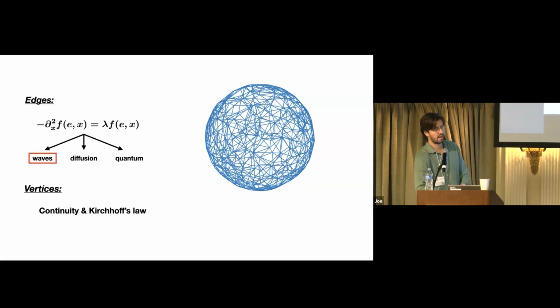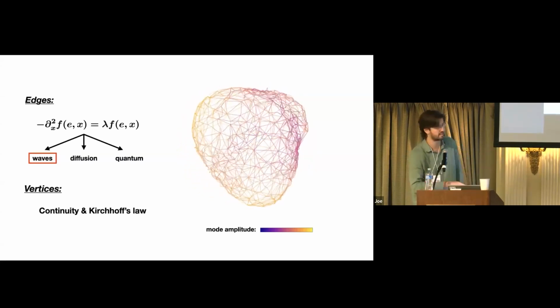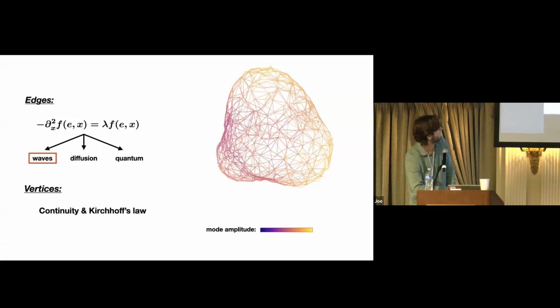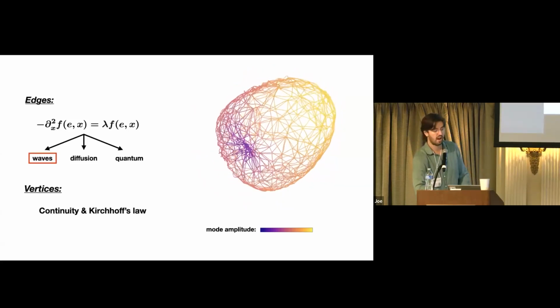Here I'm going to plot a superposition of eigenmodes over the whole network for the wave equation. And so here, color and distance from the origin are representing the same thing, a bit laggy, but this is just mode amplitude.